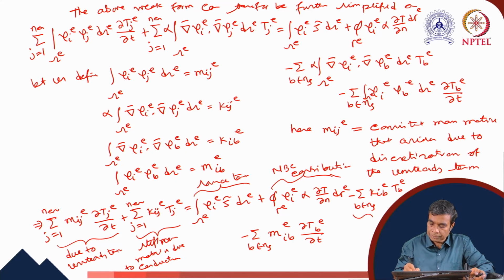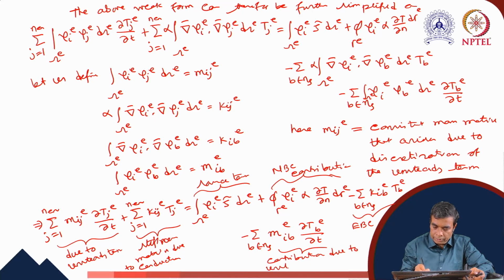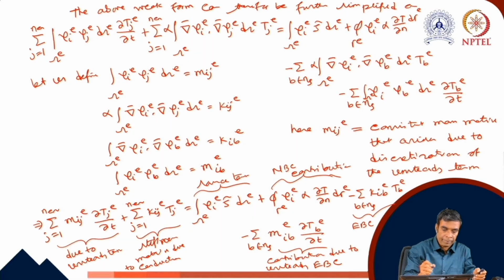The third term in the right hand side is a contribution due to EBC, and the fourth term is due to time dependent essential boundary condition contribution. So this is contribution due to unsteady or time dependent EBC. Here alpha was missing.